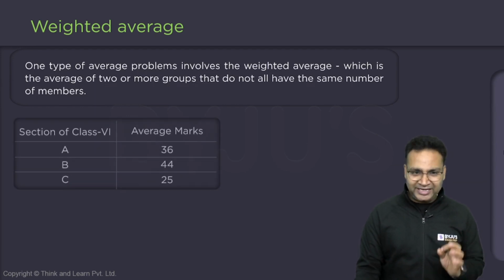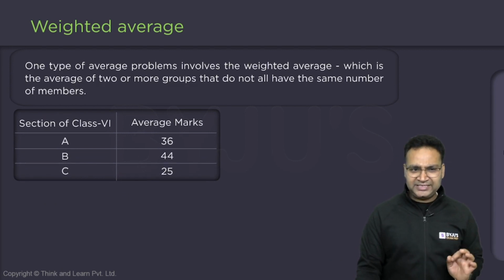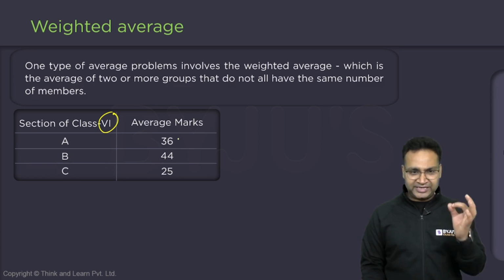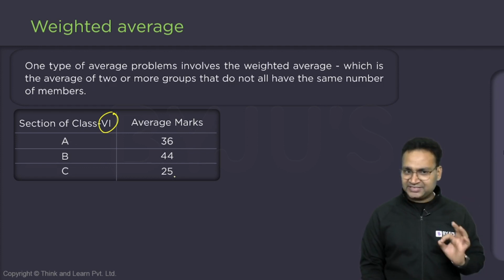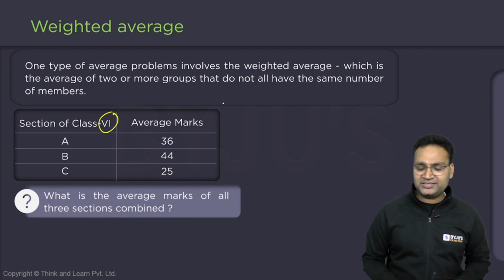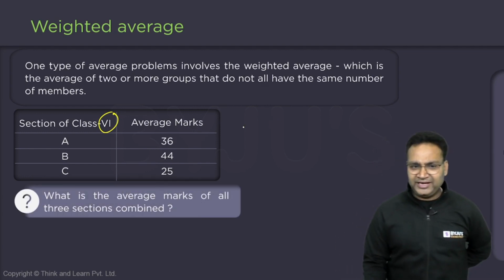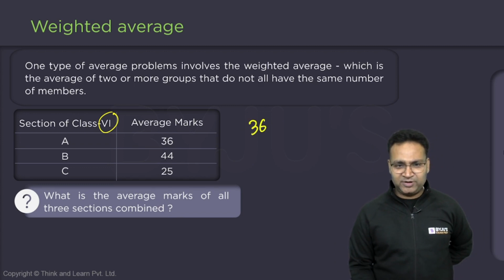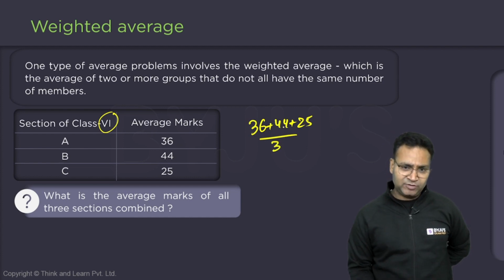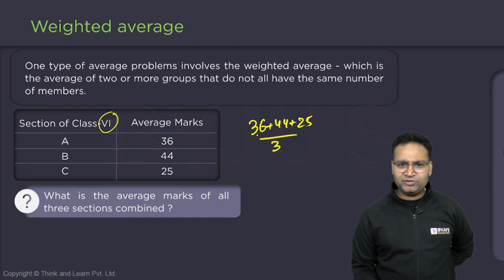So let's say I take a simple example. There is a class 7, right? The three sections A, B and C, the average marks of sections A, B and C are given. If I ask you what is the average marks of all the three sections combined, can I say this is 36 plus 44 plus 25 by 3? 36 plus 44 is 80, and 25, 105 by 3.